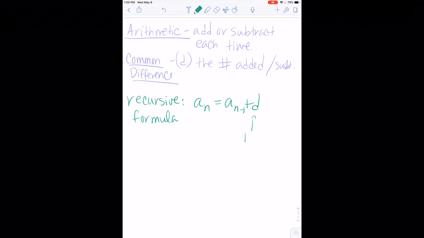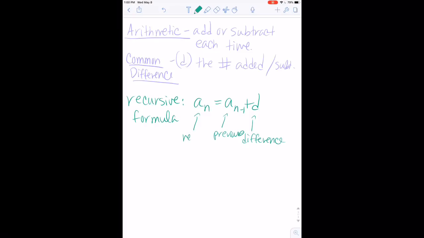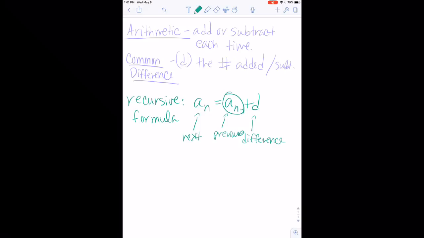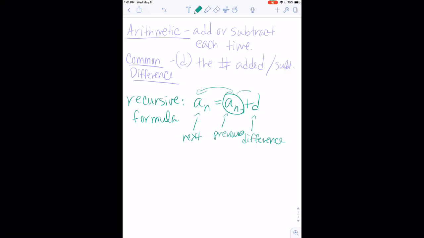The d stands for difference, obviously, and the a sub n minus 1 is your previous term, and a sub n is the next term. So if you have that term and you want to get to the next one, you just add d and you get to the next term. That's all recursive says. This is how you get from one term to the next. So that's why it's not super useful for what we're doing.